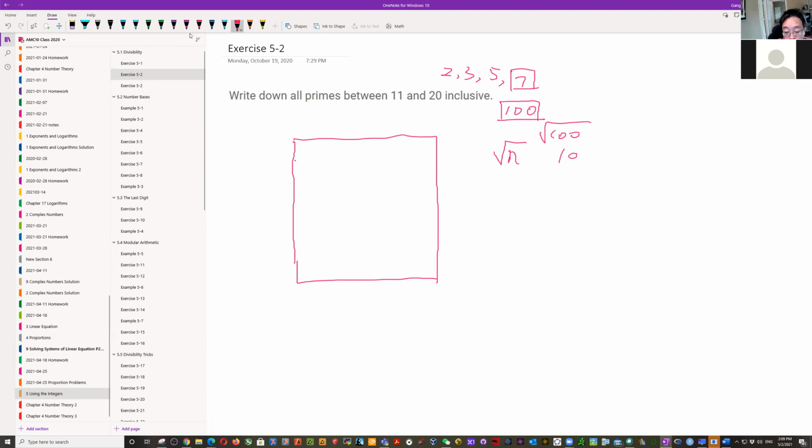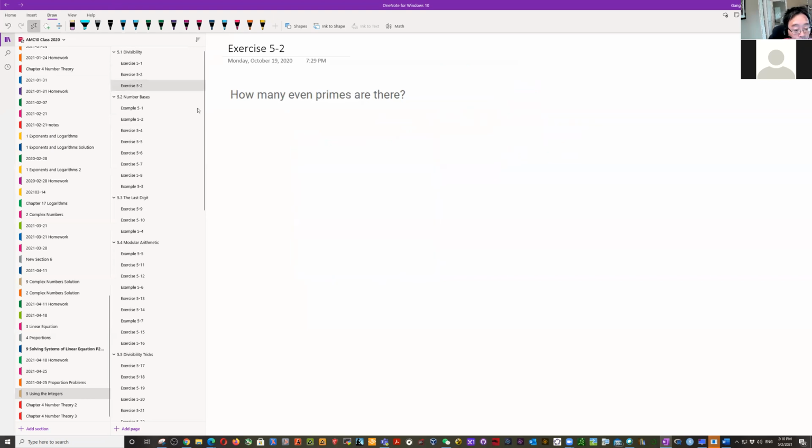So you only need to test the prime numbers less than 10, and 7 is the max of those. So this is an easy one. If you really do it, the primes are 11, 13, 17, and 19. And the only even prime is 2. This is also a simple fact.